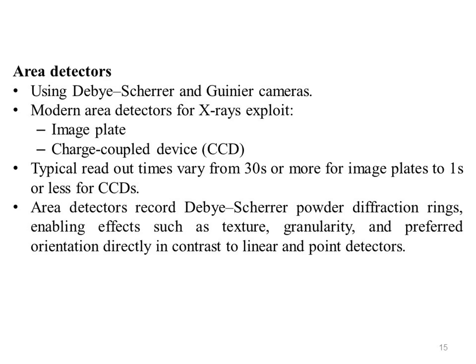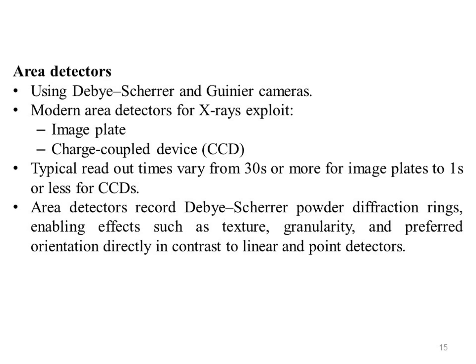These detectors accumulate an image of the diffraction pattern, which then has to be read out and stored as a subsequent step. Typical readout times vary from 30 seconds or more for image plates to 1 second or less for CCDs.